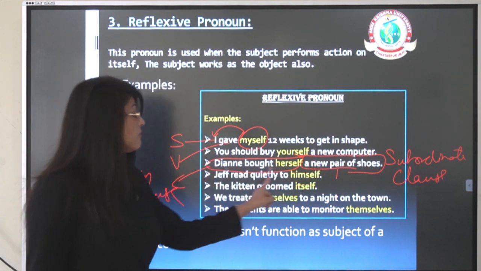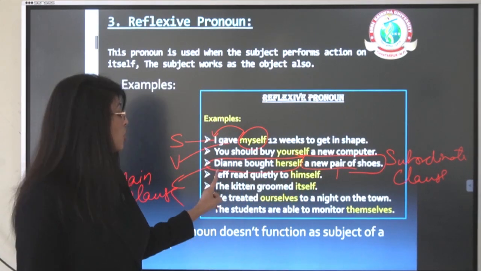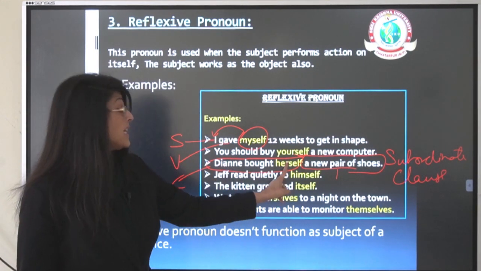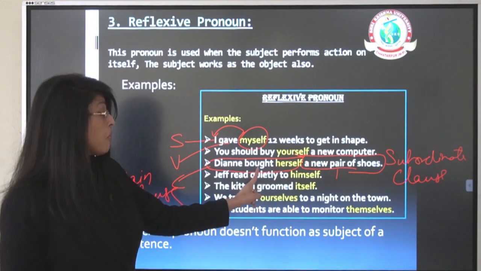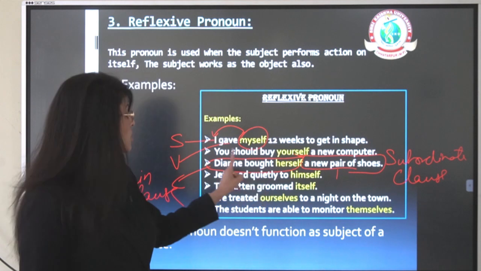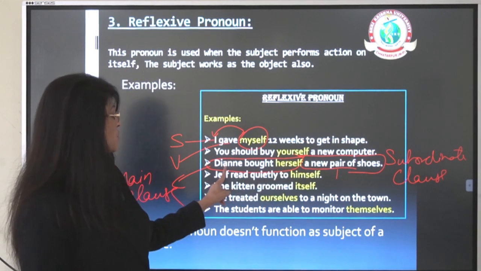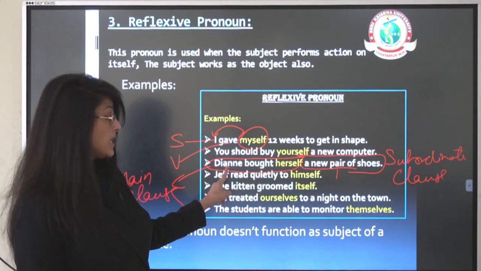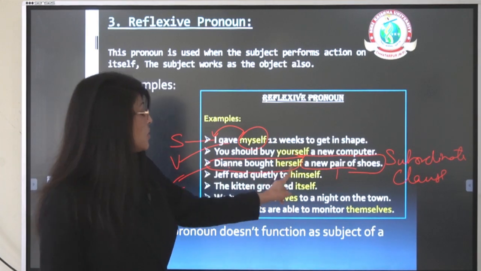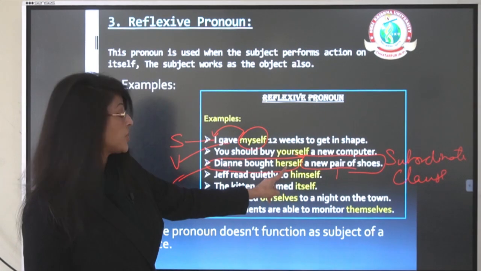So this part is depending here. In the first part of the sentence, the main clause, Diane is a subject and Diane is an object also, who is performing an action on herself. So herself becomes a pronoun. Instead of repeating the noun Diane, you are not repeating the word Diane. Instead, you are using a pronoun which is herself.